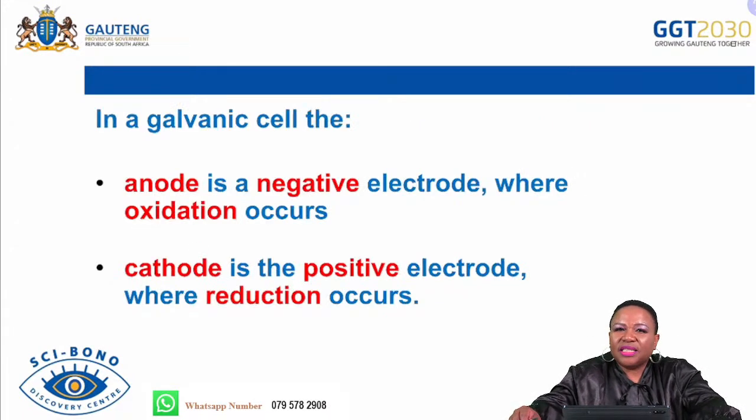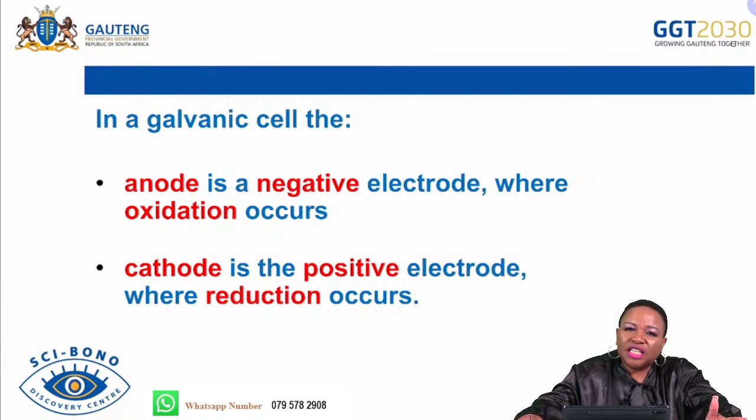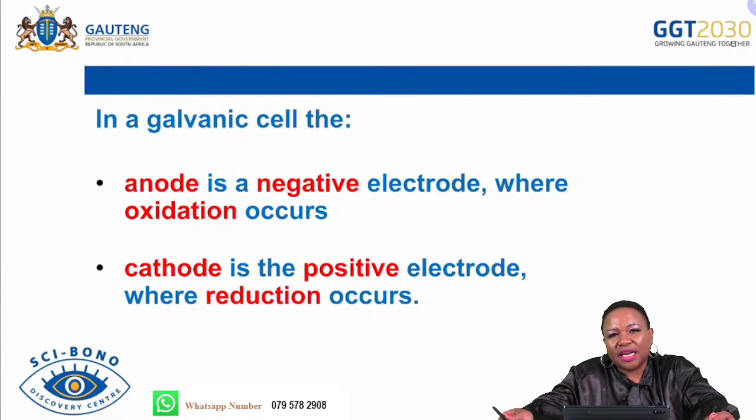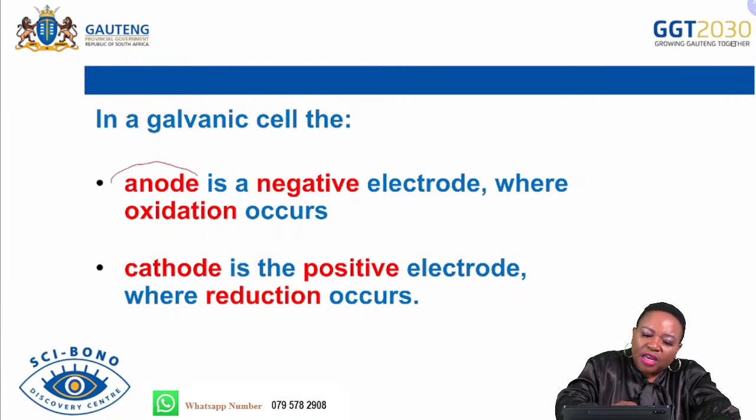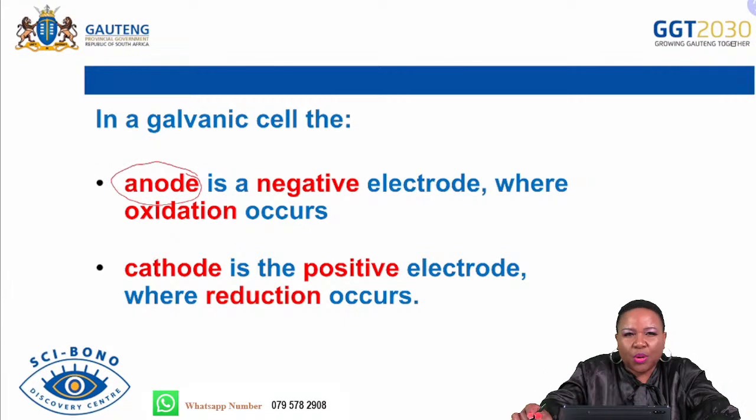Now, in a galvanic cell, how is the galvanic cell built? We're going to have our two half cells, whereby we have two electrolytes, and each half cell representing oxidation and the other one representing what? Reduction. So in our half cells, we are going to have an electrode representing an anode.